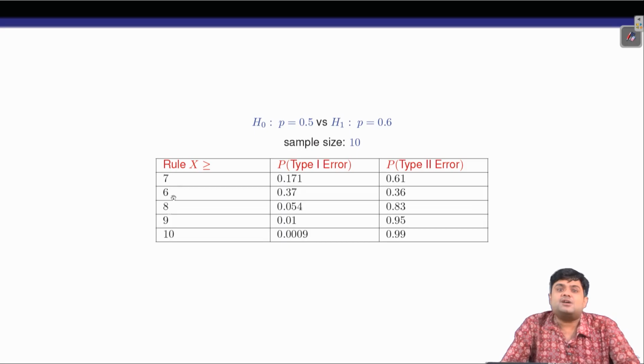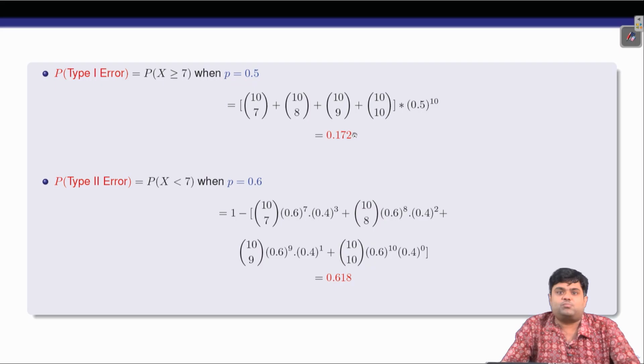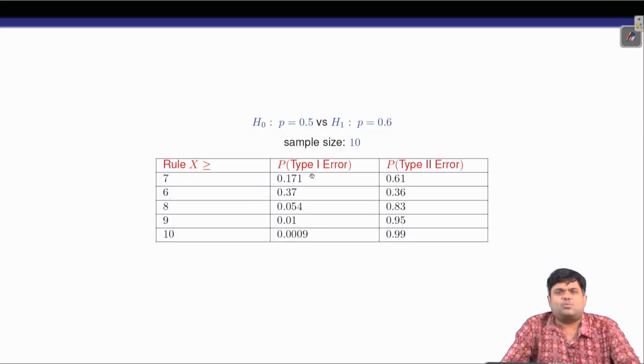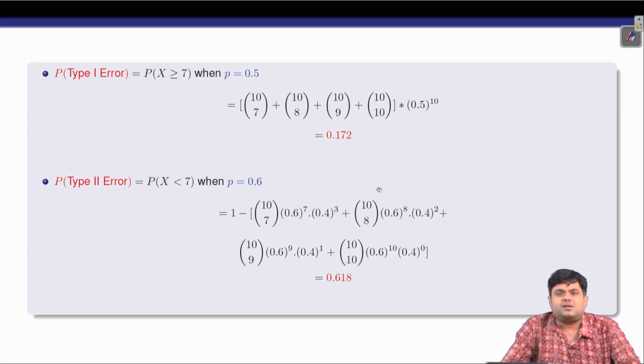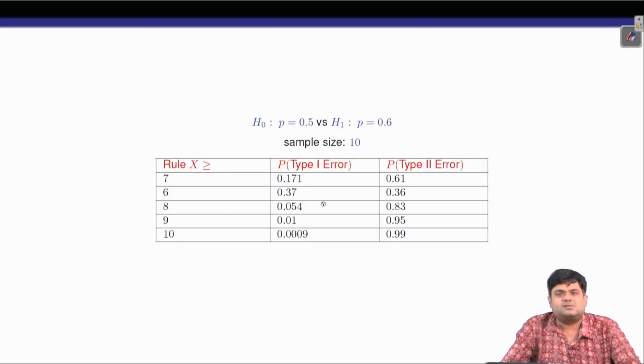So, if you change the rule, if this is the rule X greater than or equal to 7, here we know that it is 0.172 and this is 0.761. So the type 1 error here is this and the type 2 error is this.